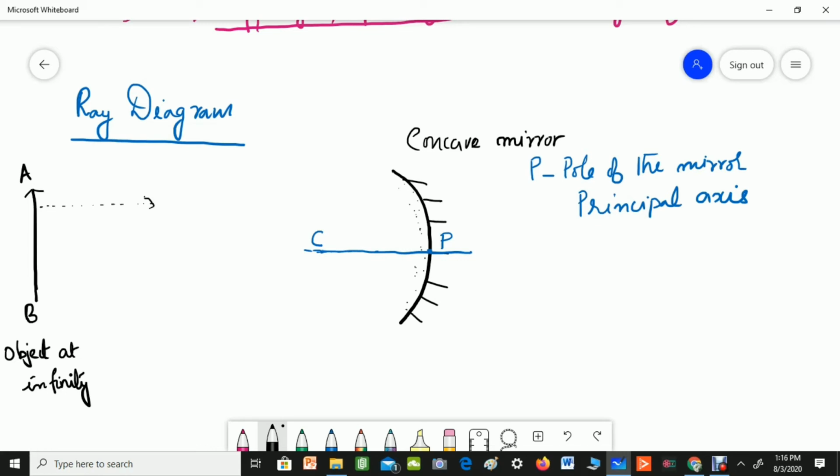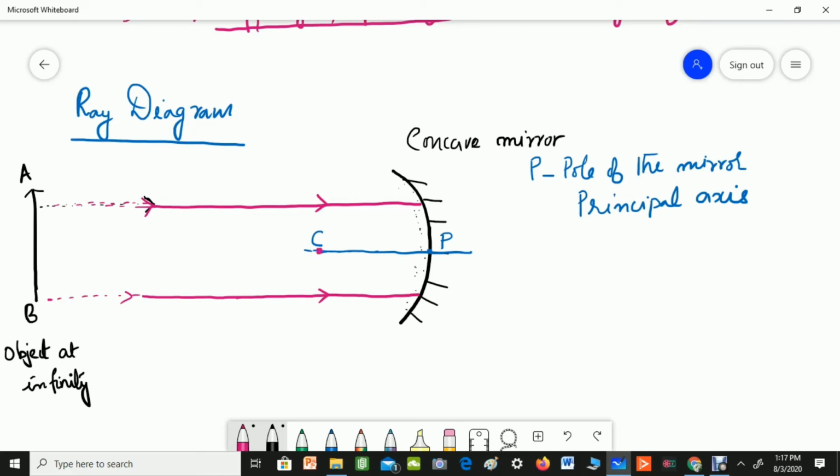Okay, and it is falling on the surface of the mirror, or the reflecting side of the mirror. Now I'm drawing one more incident ray, falling on the reflecting surface of the mirror.